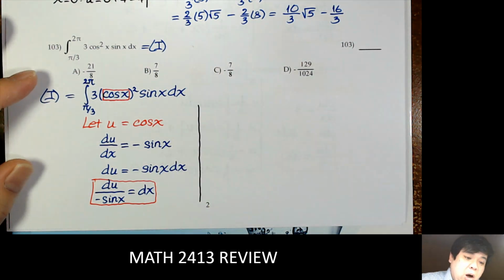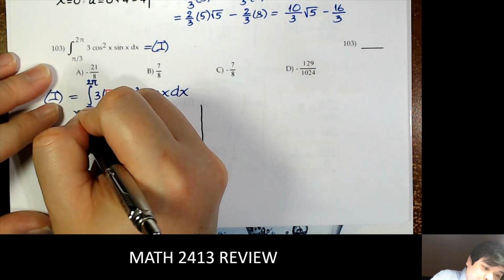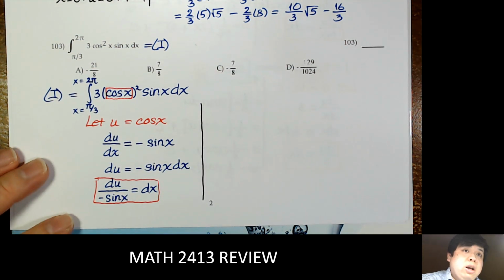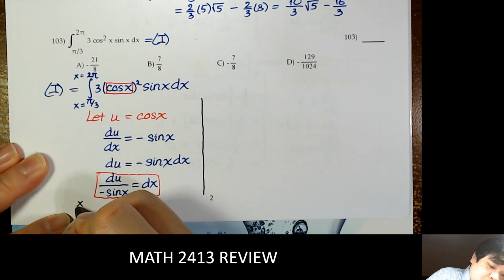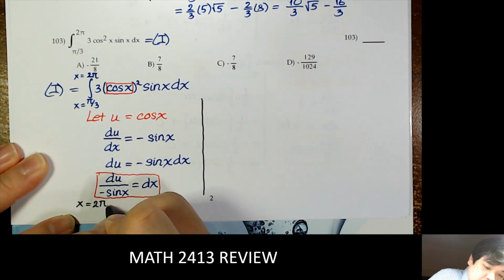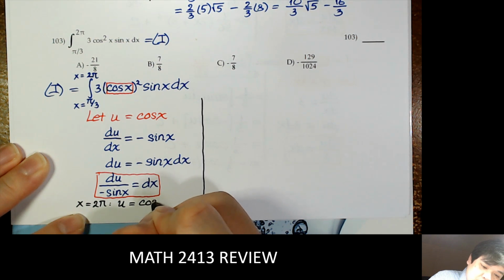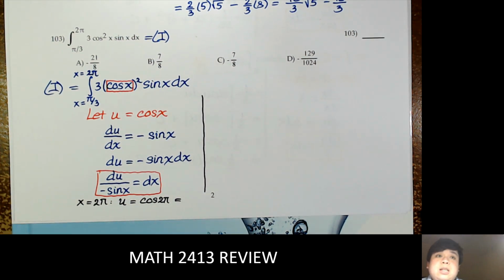Now the limit. Originally the limit for x equal to pi over 3 to 2 pi. Now we will write the limits. X equal to 2 pi, u equal to cosine of 2 pi. Cosine of 2 pi is like cosine of 0, which is 1.